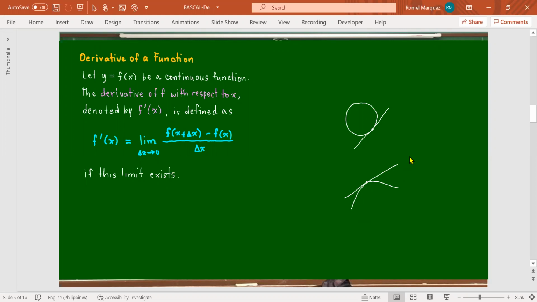Pero what if my curve is like this? See, it is tangent at this point, but it does not intersect the curve at exactly one point. See, guys, the definition of a tangent line to a circle fails for this curve.